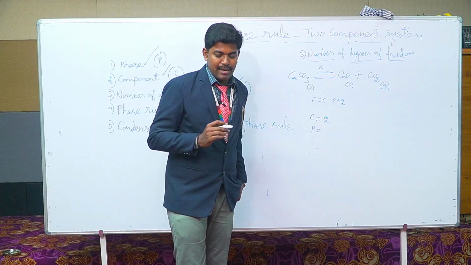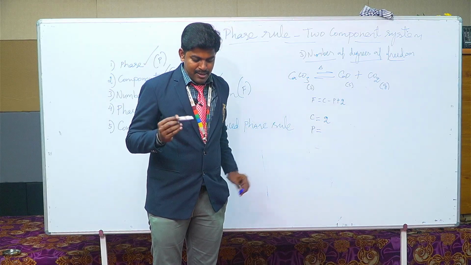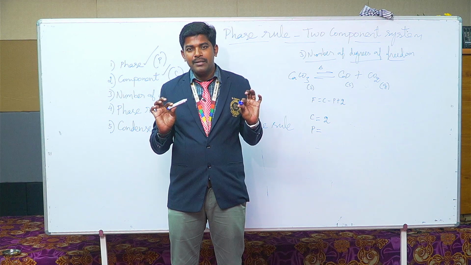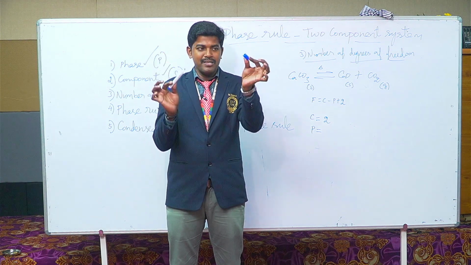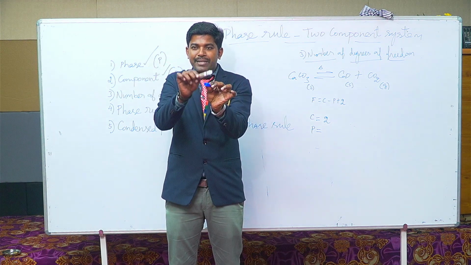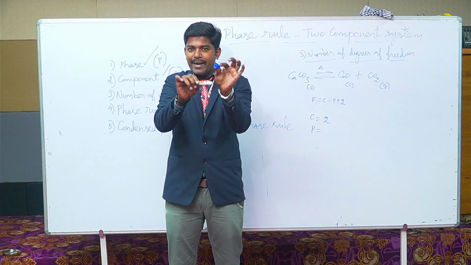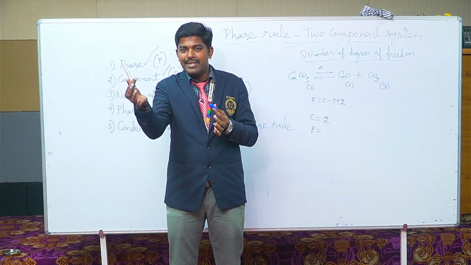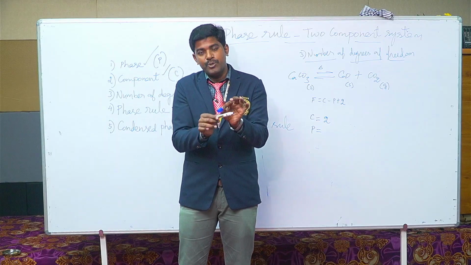See, for example, I have this marker and the cork. This is one phase, this is another; this is a solid, this is a solid. So I cannot mix both phases. It will exist as separate phases.